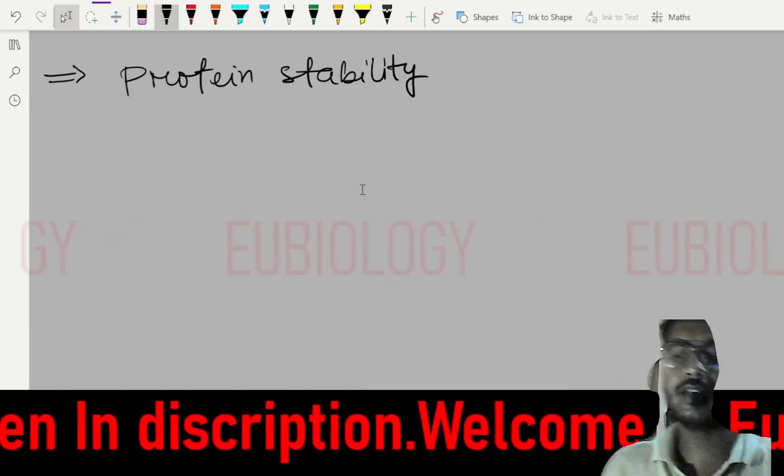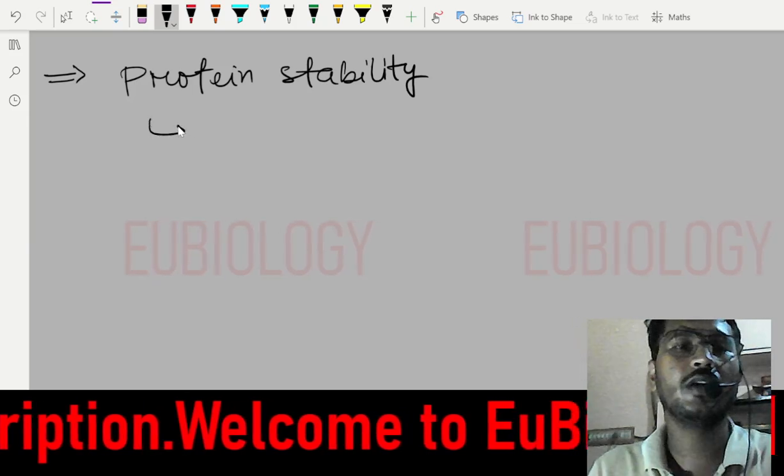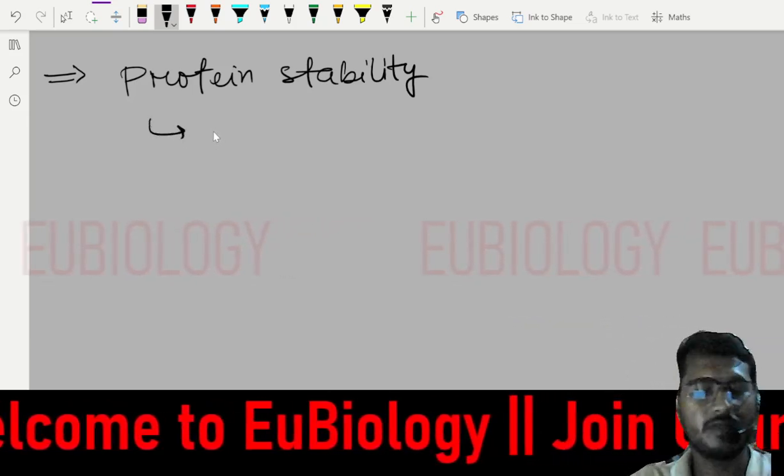We will see protein stability. Protein stability depends on the following things.